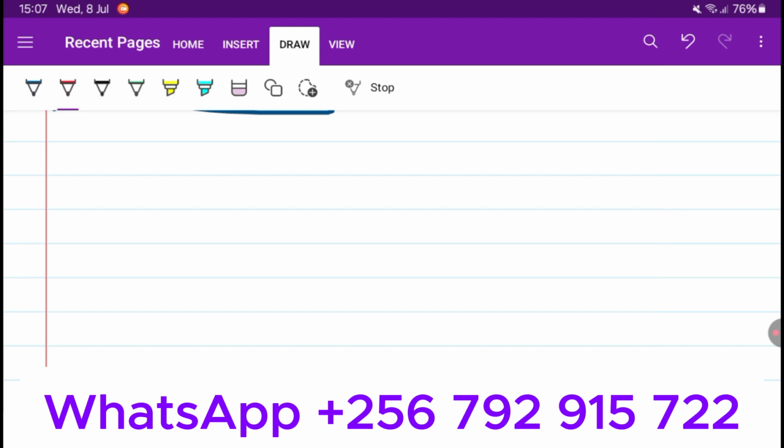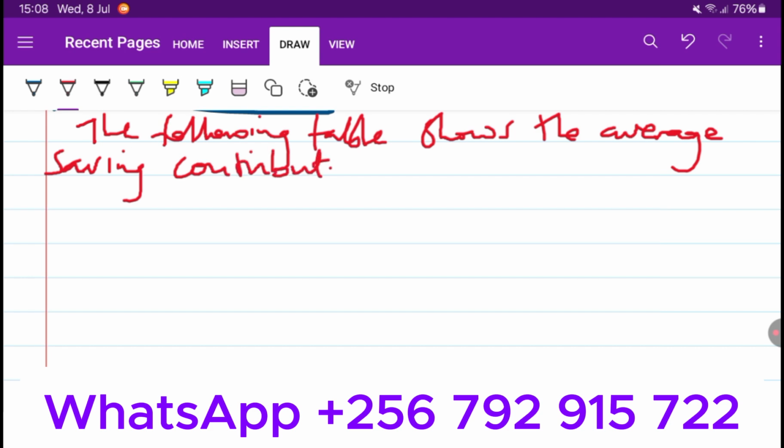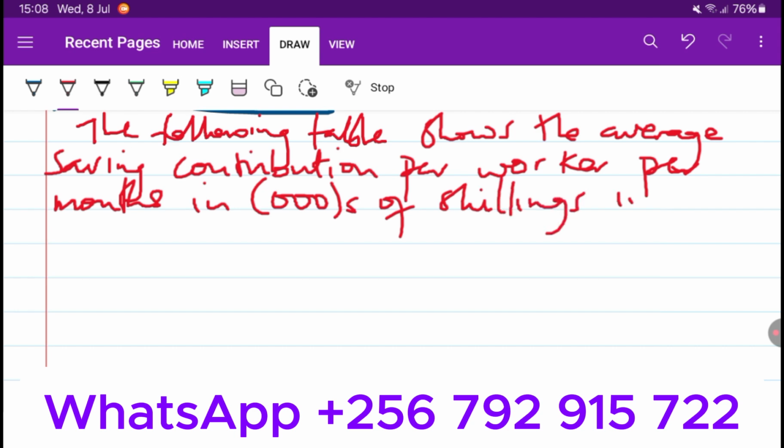The question says the following table shows the average savings contribution per worker per month, in thousands of shillings, in a savings scheme.